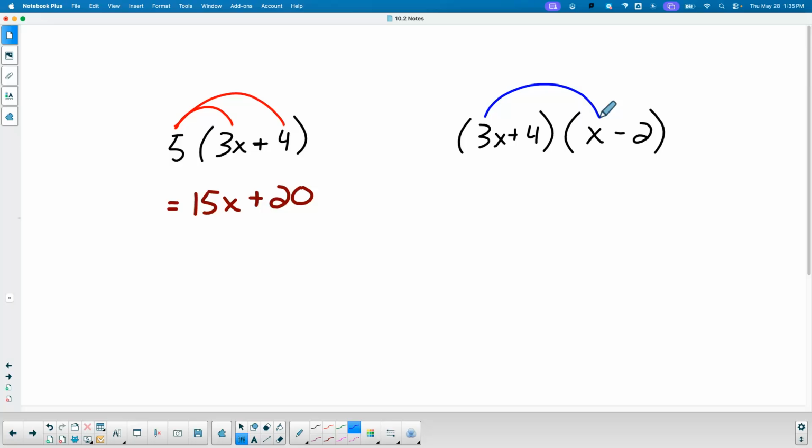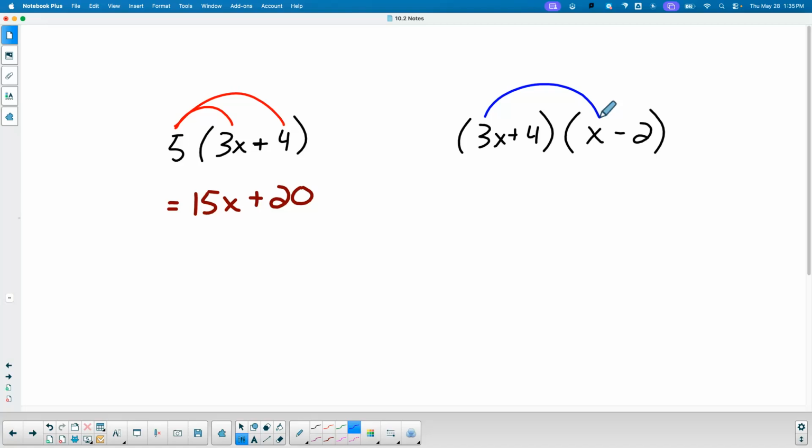You'll see it better if you write it out. We're multiplying. Exactly, 3x times x.